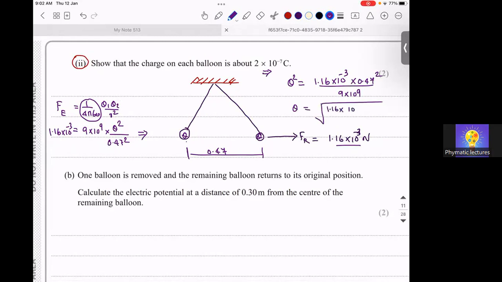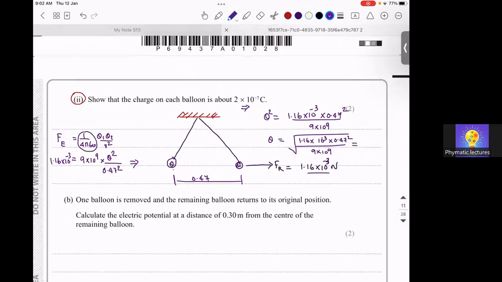Approximately, you will get the answer as nearly 1.69 into 10 raised to minus 7 coulomb, because the unit is coulomb. So approximately, it is about 2 into 10 raised to minus 7 coulomb. So hence, shown. Correct?